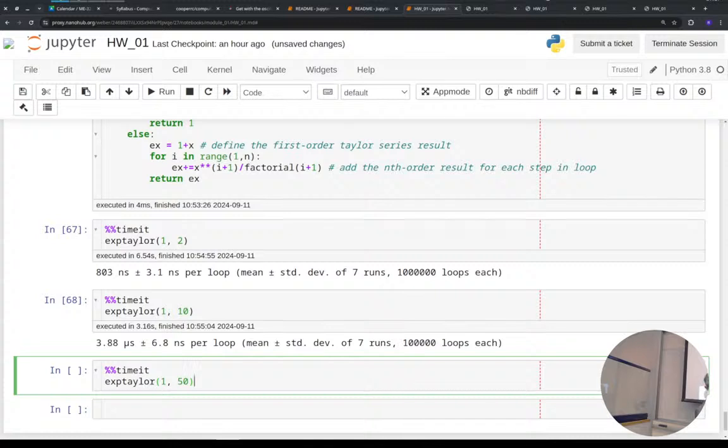So 1 to 4 is roughly a factor of 4 for 5 times as many calculations. I'm going to make a prediction that if I multiply by 5 again, it's going to be 4 times 4, like 16 microseconds, something like that.